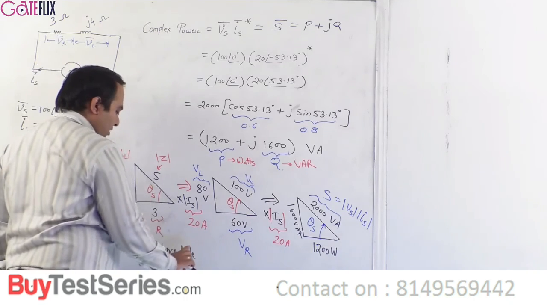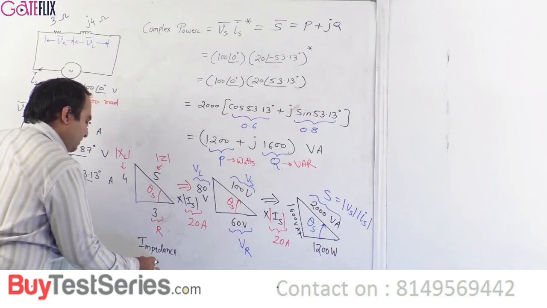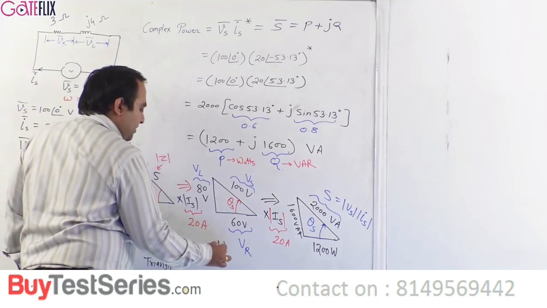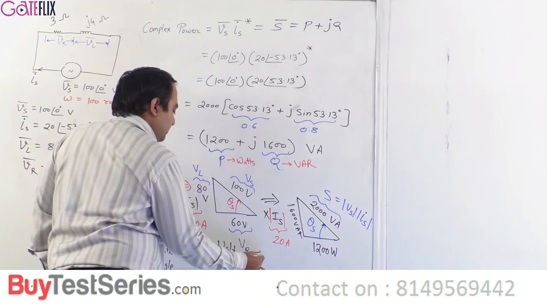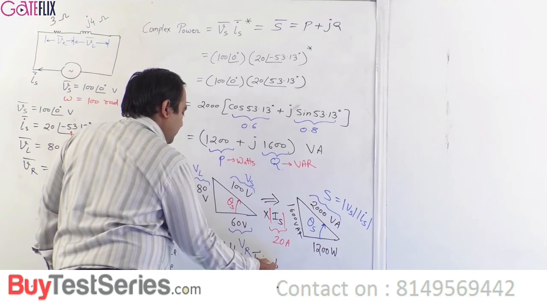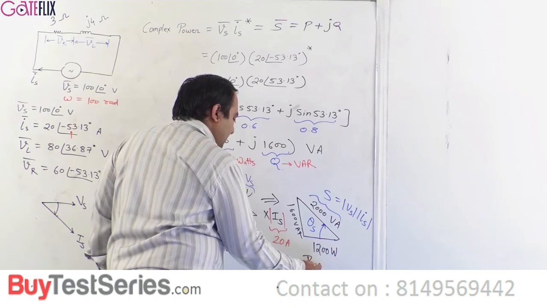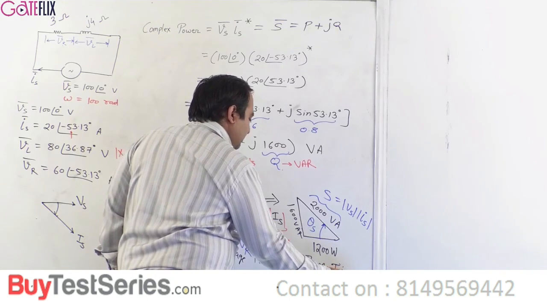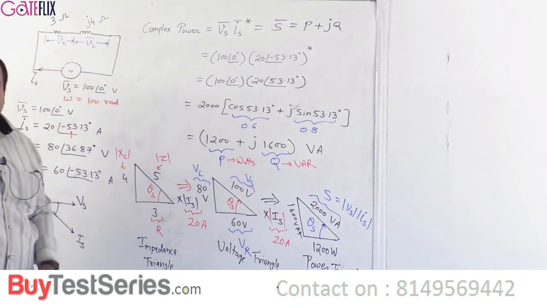This is our triangle, we must call it a triangle, impedance triangle. This is voltage triangle, and this is what we call the power triangle. This is called the power triangle.